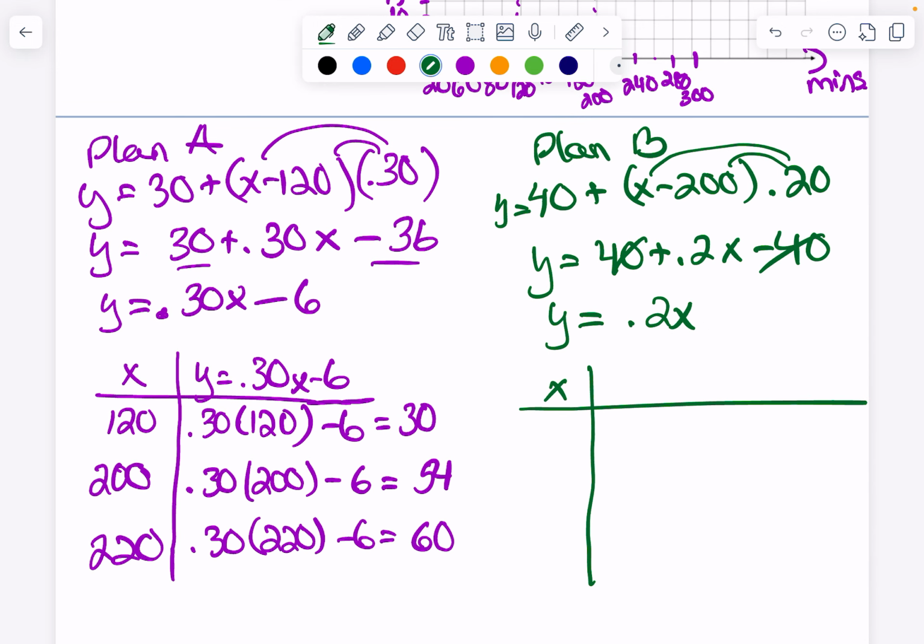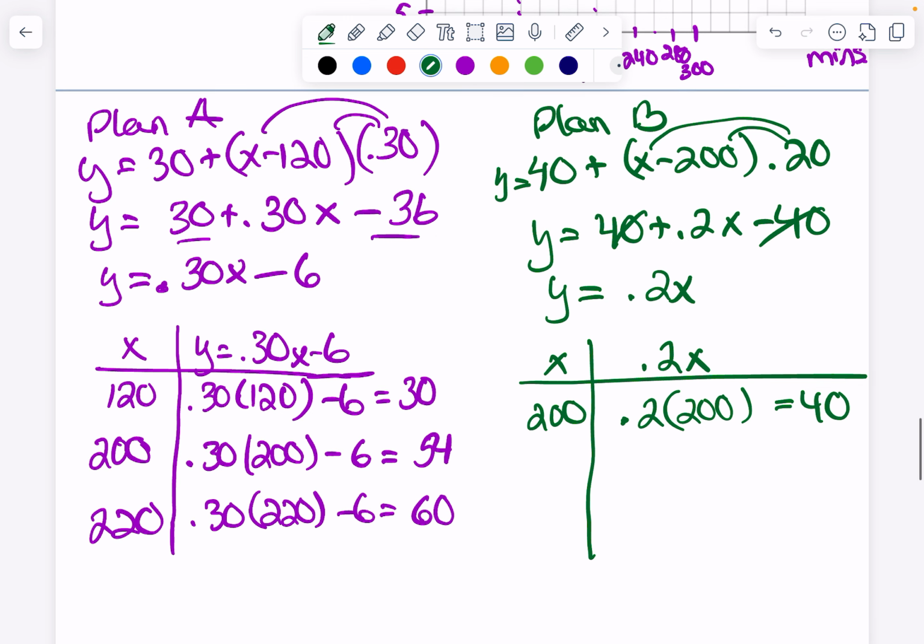So x equals 200 is not included, but we still need to calculate what it is. So 0.2 times 200 is going to be 40. 2 times 2 is 4, and we're dividing by a decimal, so we take out 1 zero because it's the tenths place.